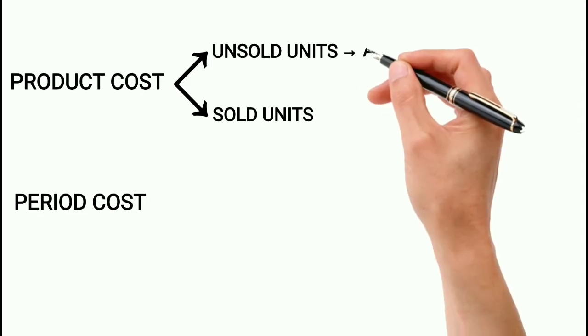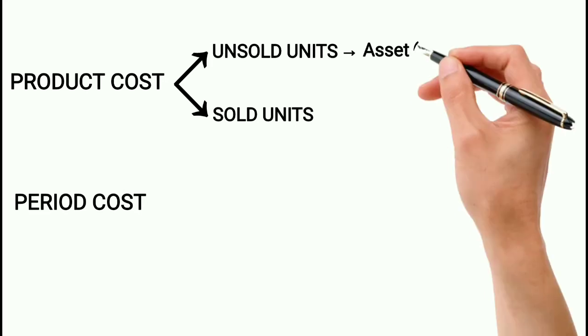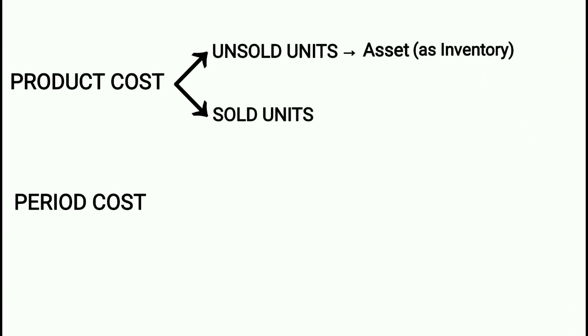If the units are unsold, hindi pa nabebenta yung units, the cost of unsold units is an asset. Meaning to say, the cost of the unsold units will remain in ending inventory.